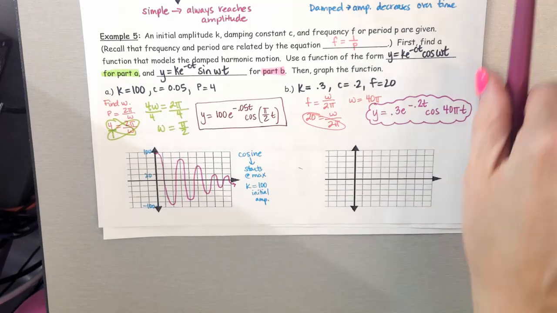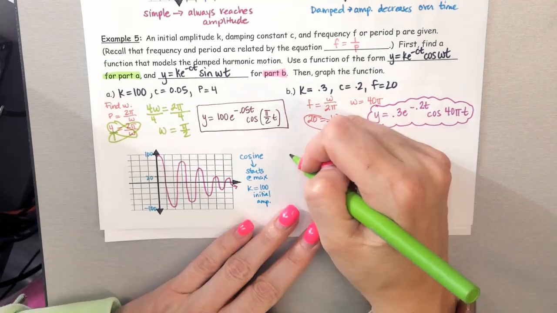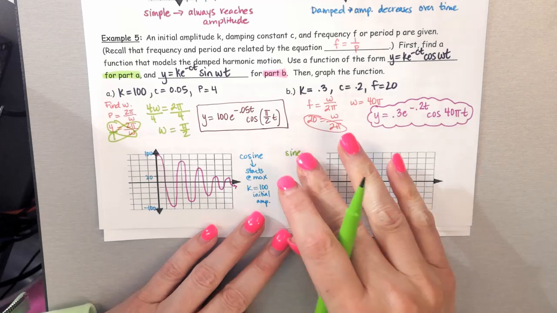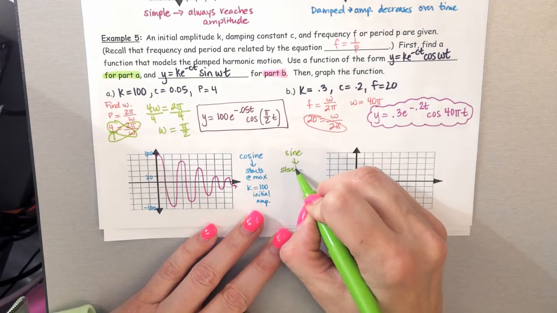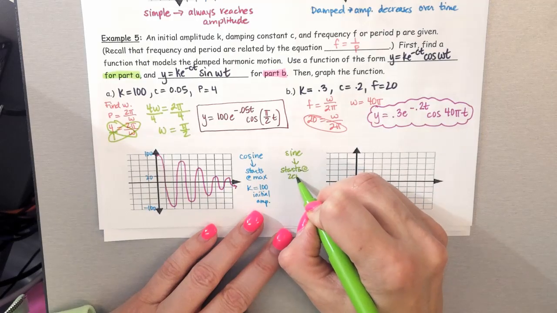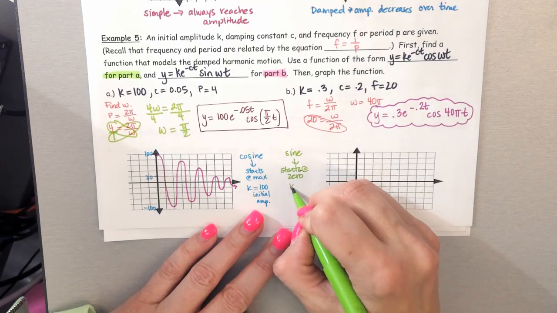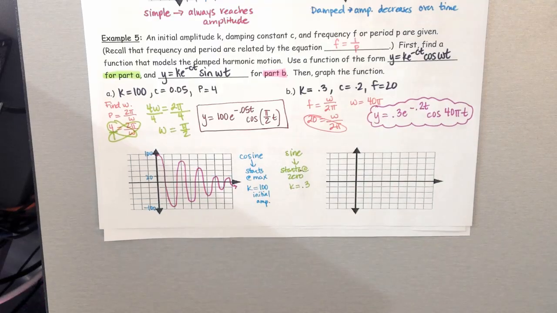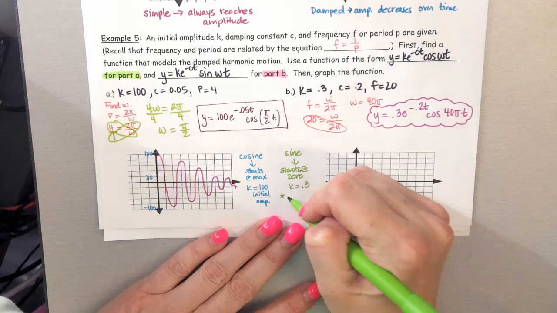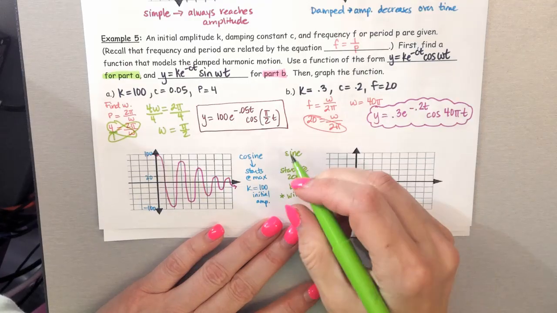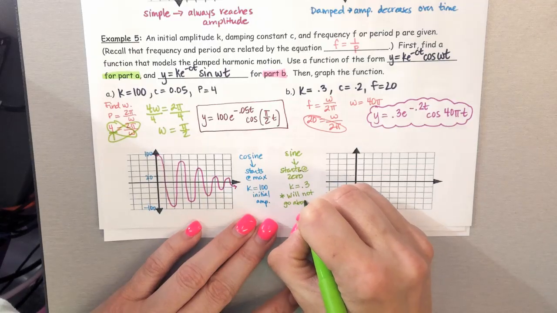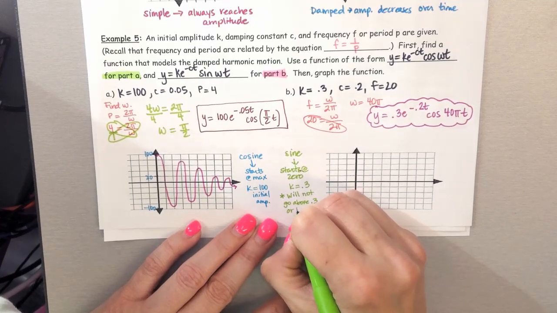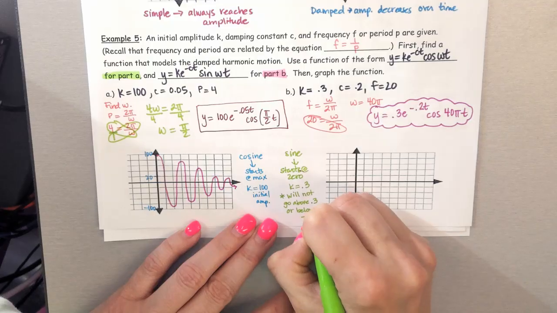Now when you do the sine, the key point there is that it starts at 0. And whatever your K value is, if your K value is 0.3, you have to make sure when you're graphing, it will not go above 0.3 or below negative 0.3.